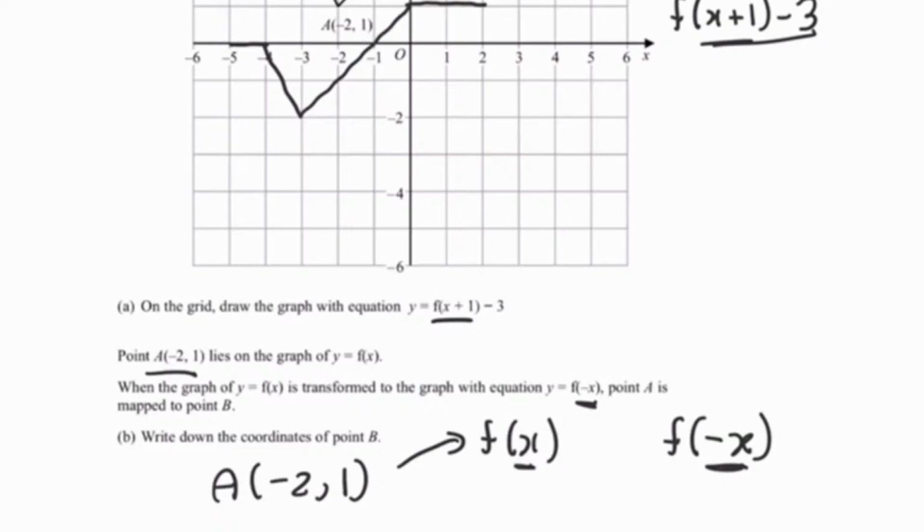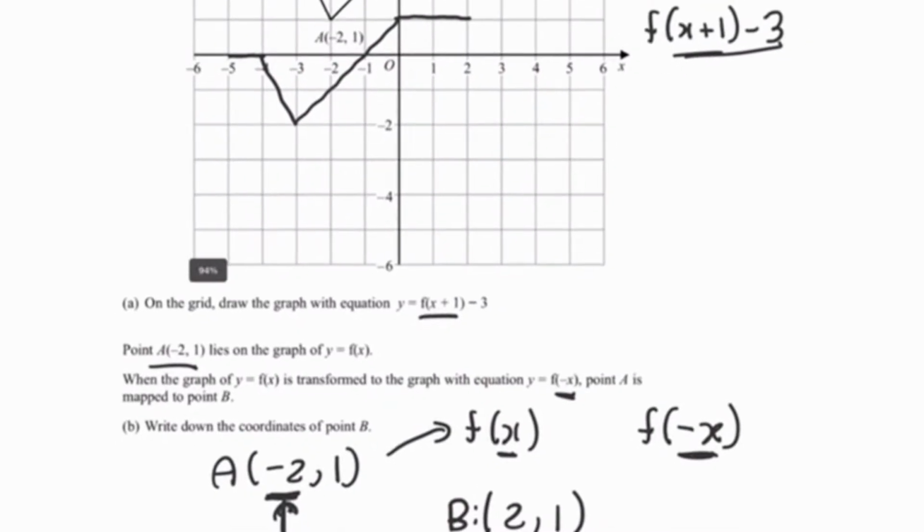So we're just doing the negative of the x value. So A is just going to be this x coordinate, but the negative of it. So minus 2 will just be positive 2. So the coordinate that we're transforming to B will just be A, but we negate this minus 2, which gives us 2, and that will be the coordinates of B. So (2, 1).